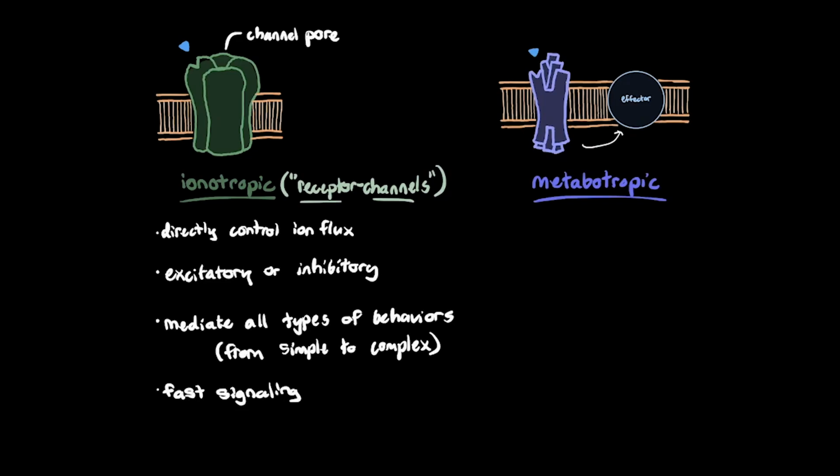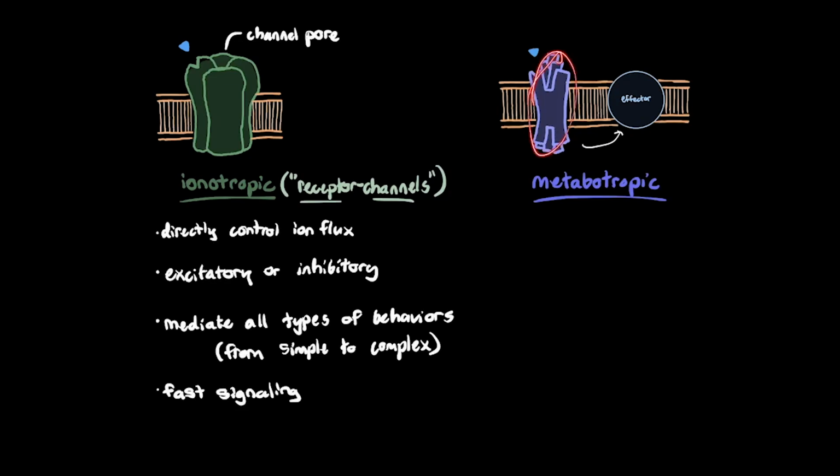So you have the metabotropic receptor here, and that binds the ligand just like all postsynaptic receptors do. They have the ligand binding site, and they carry out some effector function. What is different about metabotropic receptors is that the effector function is outside of the particular macromolecule.